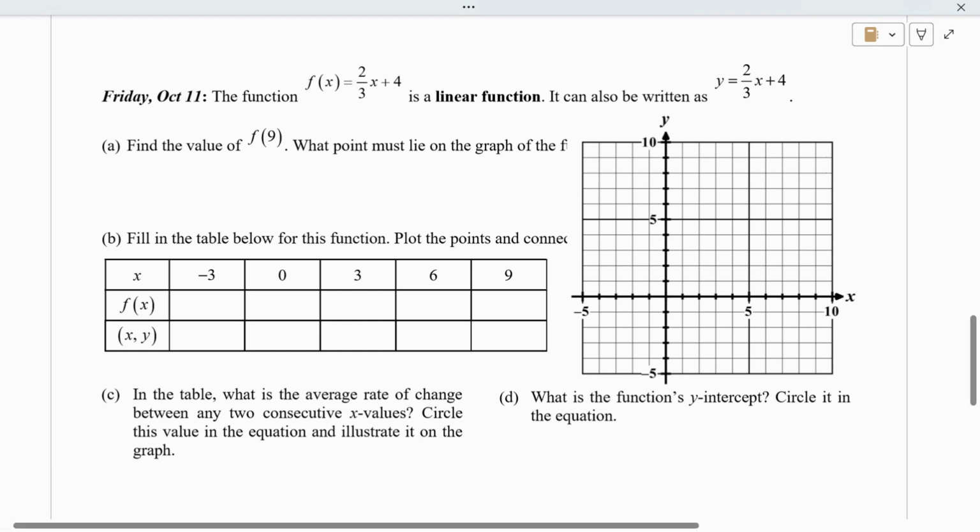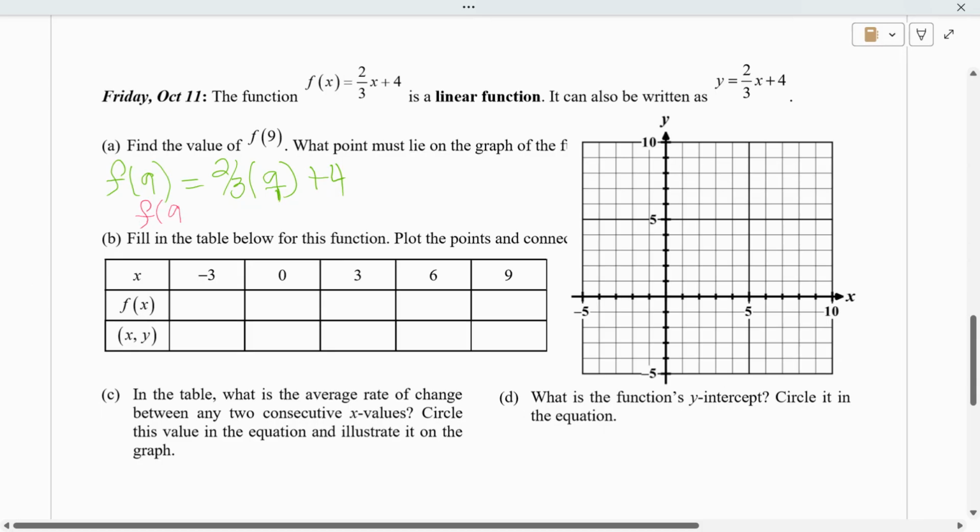So that becomes f of 9 equals 2/3 times 9, which will be in parentheses, plus 4. Let's see. 2/3 times 9, that's the same thing as saying 9 over 1. How do we multiply fractions? Straight across.